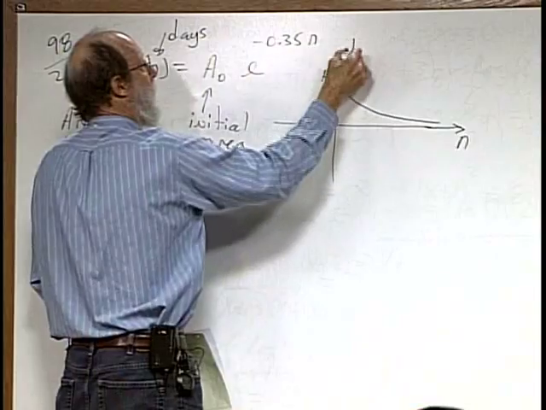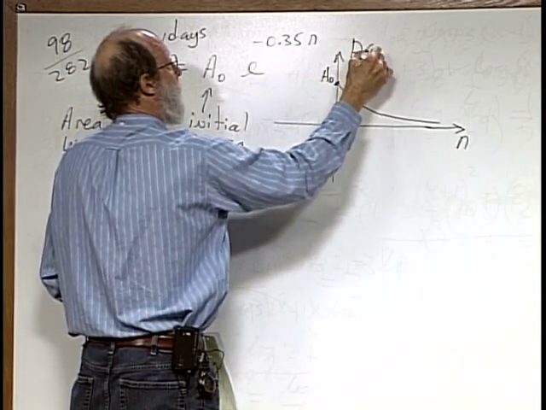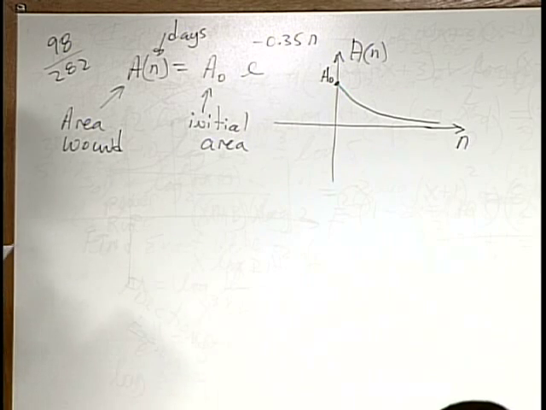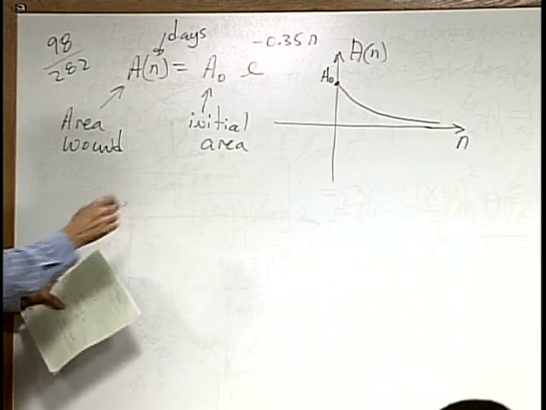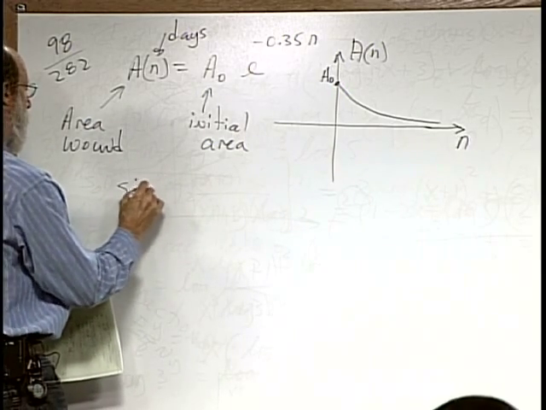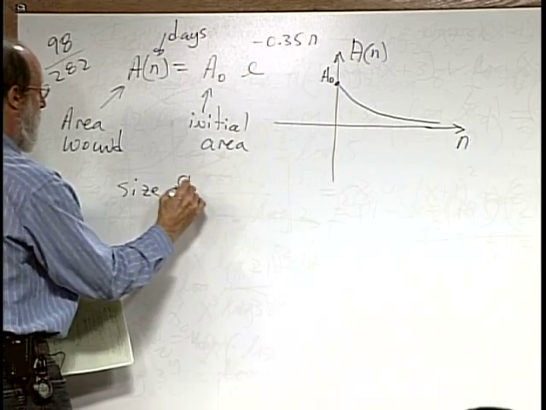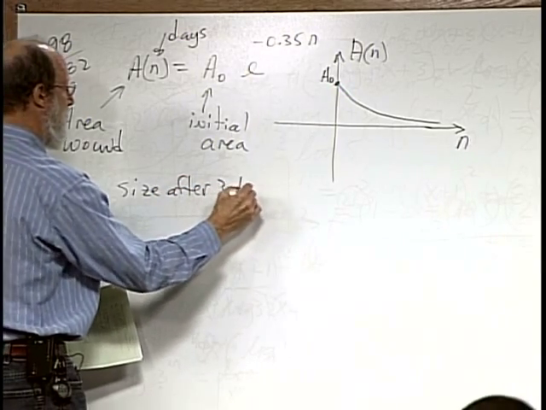So here's the area as a function of days, where days is the variable n. So this problem in the textbook asks, first of all, what's the size after 3 days?